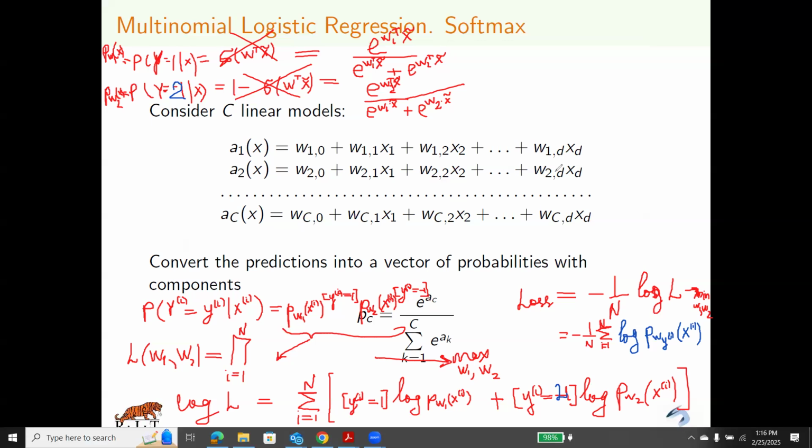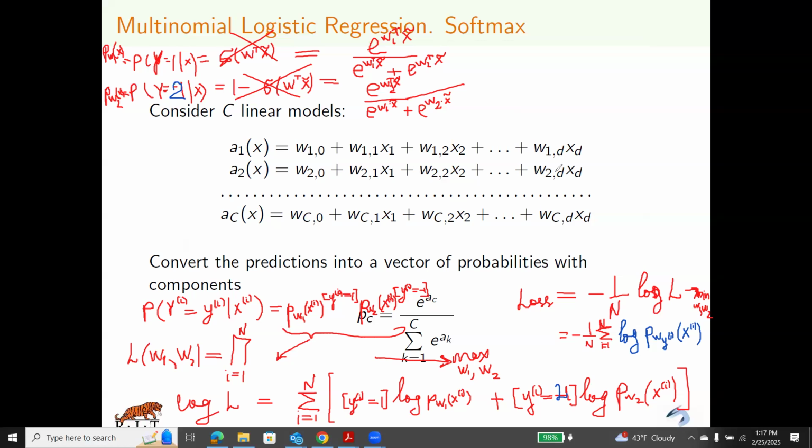For problem 3, just add more terms for classes. Yes, it's correct. And then you can just notice that only one of these Iverson brackets is non-zero.